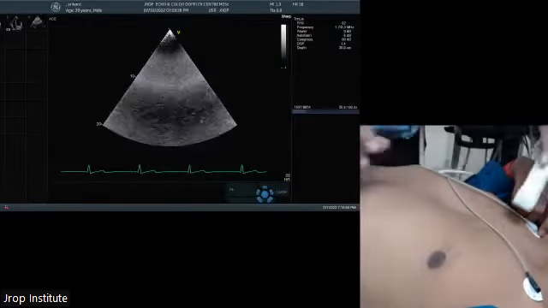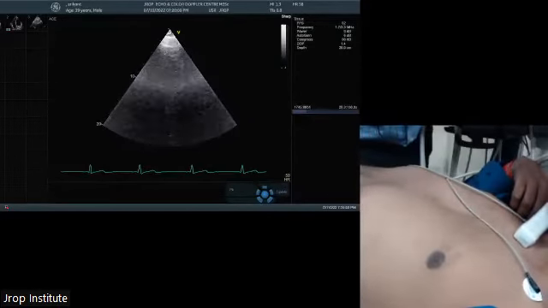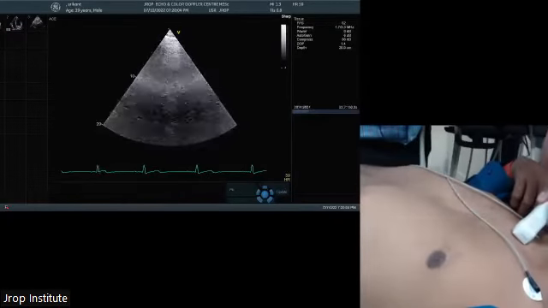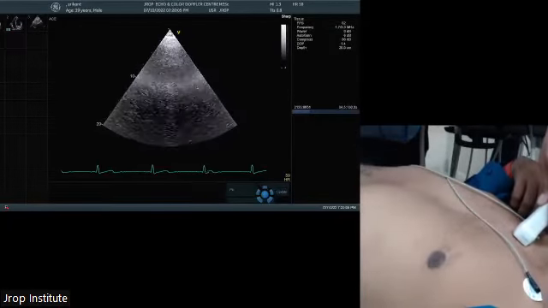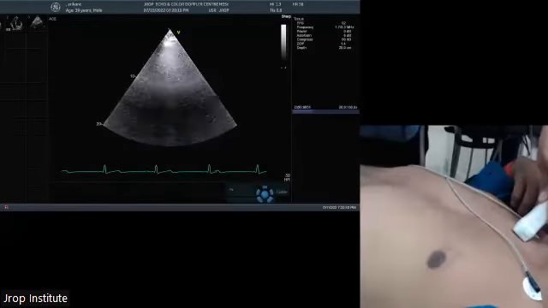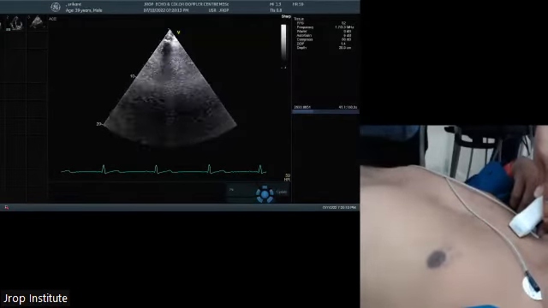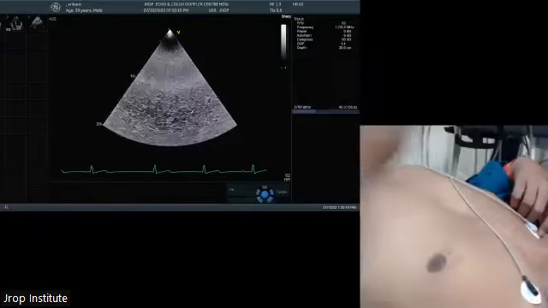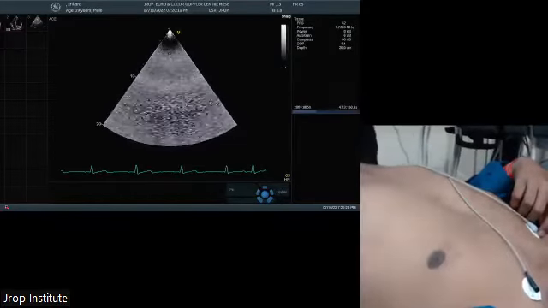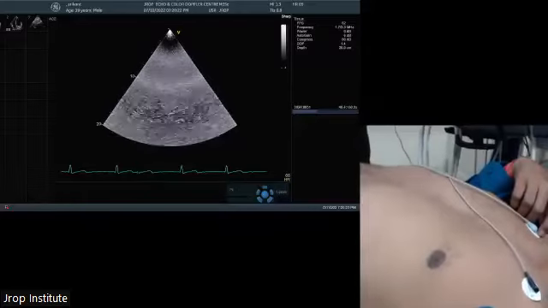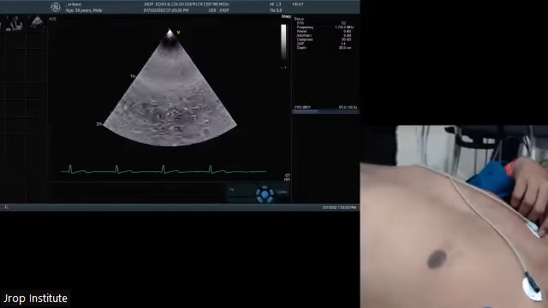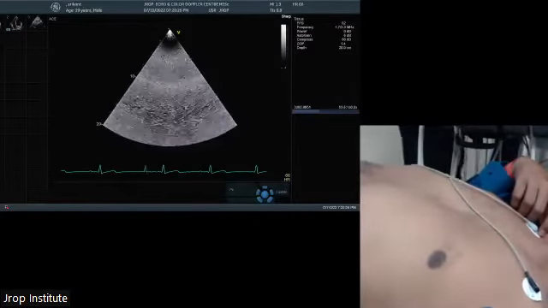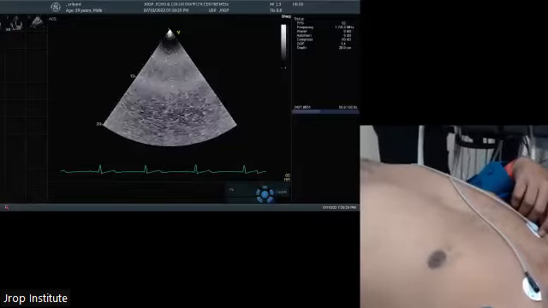So my index marker would be somewhere at this position to look for the ascending aorta in the right parasternal window. The patient is lying on the opposite side. And the best way of looking at it is to switch on colors. This will be better demonstrated when you see aortic stenosis.